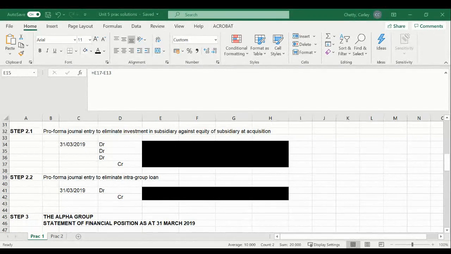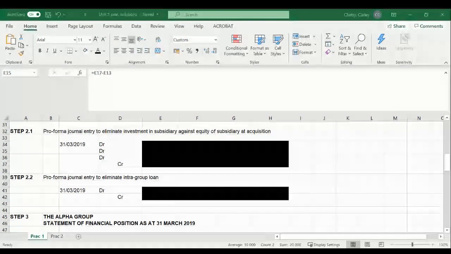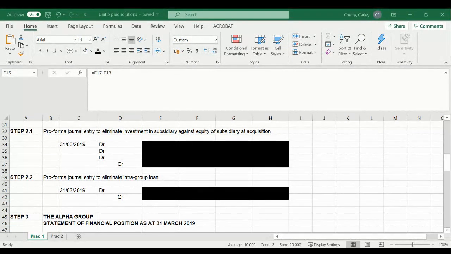Someone has said we are debiting investment and crediting loan. It's half correct, it's not 100% correct. We need to debit the loan to eliminate the loan in Beta's books.